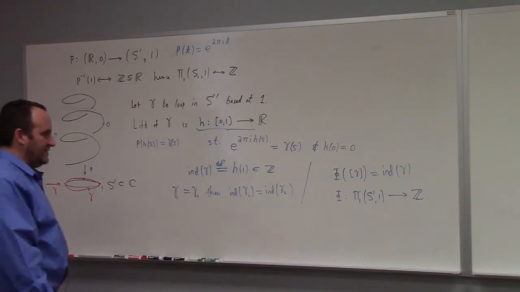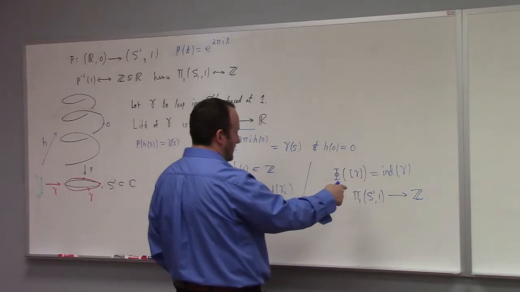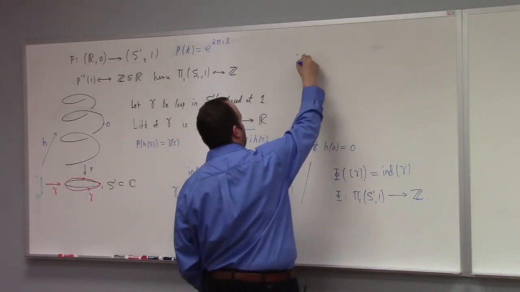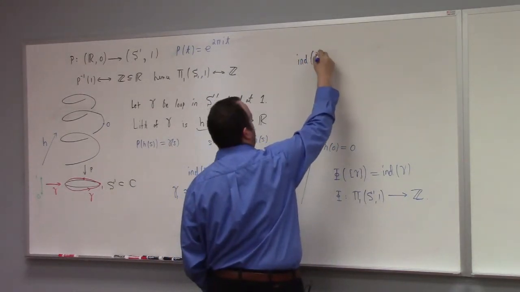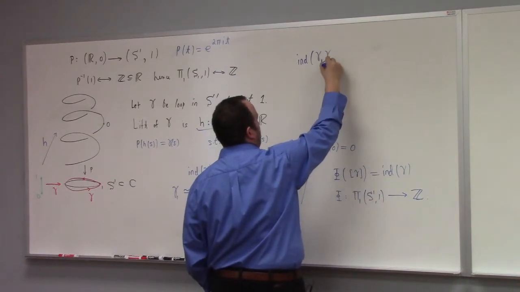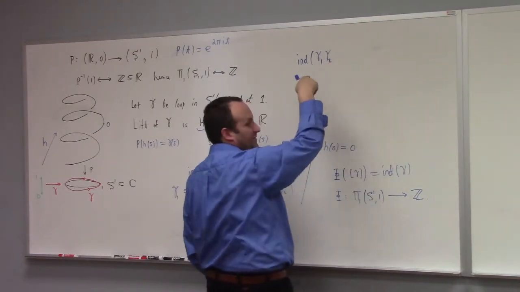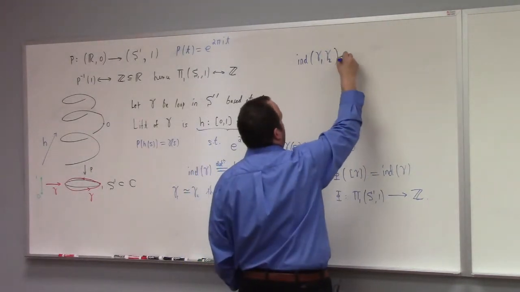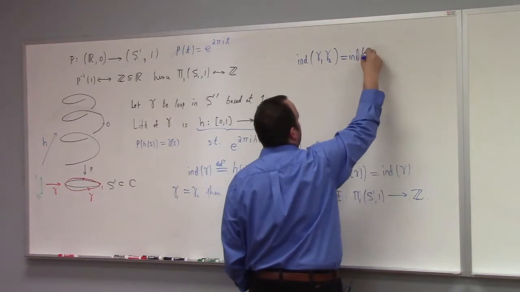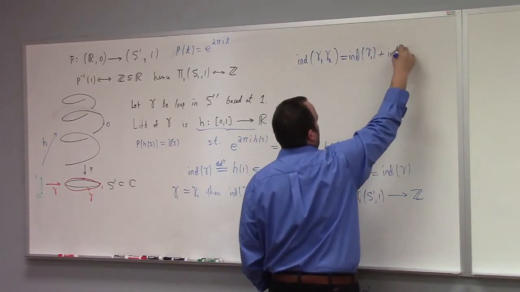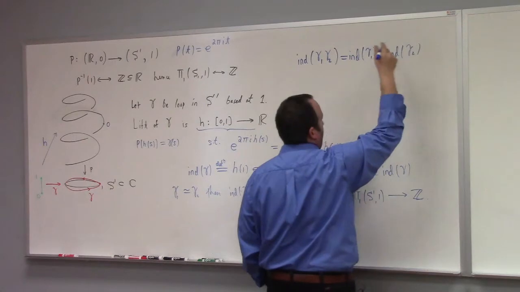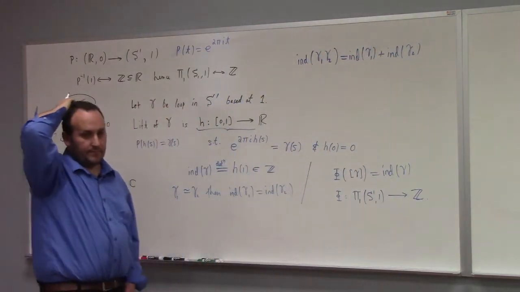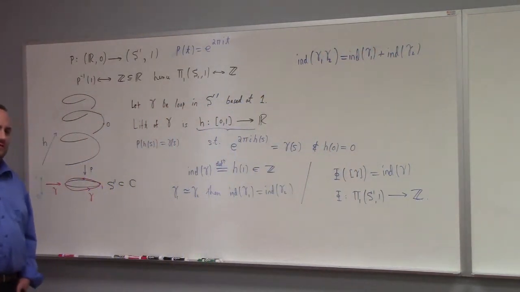So to show this, it remains to show that the index of the join, that path, I mean, basically this loop followed by that loop, is equal to the index of the first loop plus the index of the second loop. I really don't want to go through the details of this. You can look at the details, but I'd like to argue more geometrically for this one, if you don't mind.